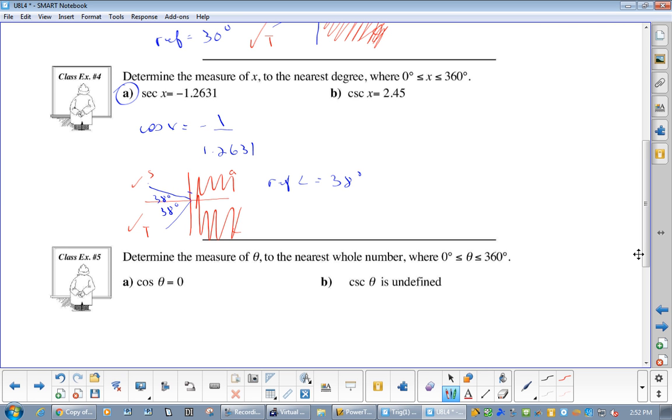You see the first one will be 180 minus 38. So x would equal 142 degrees. And the other will be 180 plus 38, which is 218 degrees.